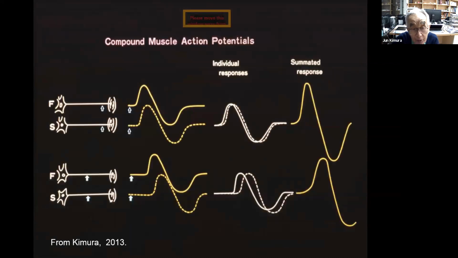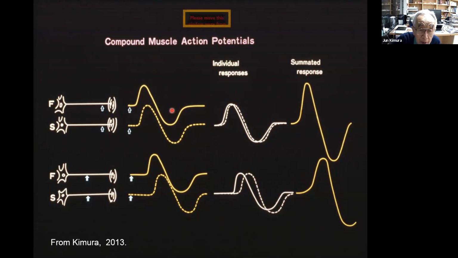So the next question is, why is it that we don't have it in the motor recording? Well, in motor recording, when you stimulate one motor axon and record from the motor unit, a group of muscle fibers, the motor unit potential is much longer in duration, sometimes 10, sometimes 15 milliseconds, instead of 1 millisecond for sensory.